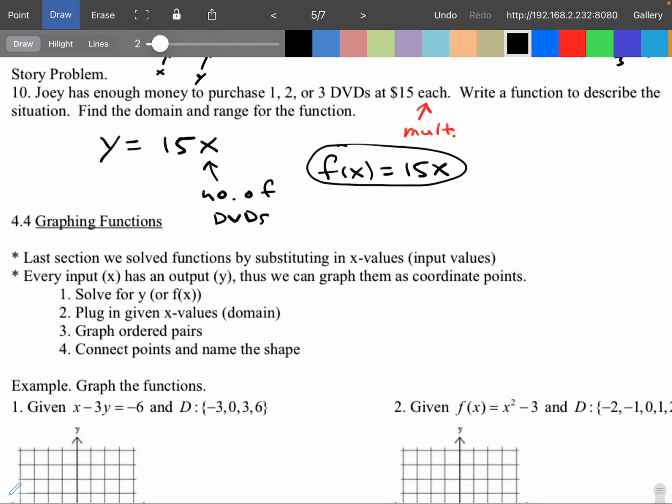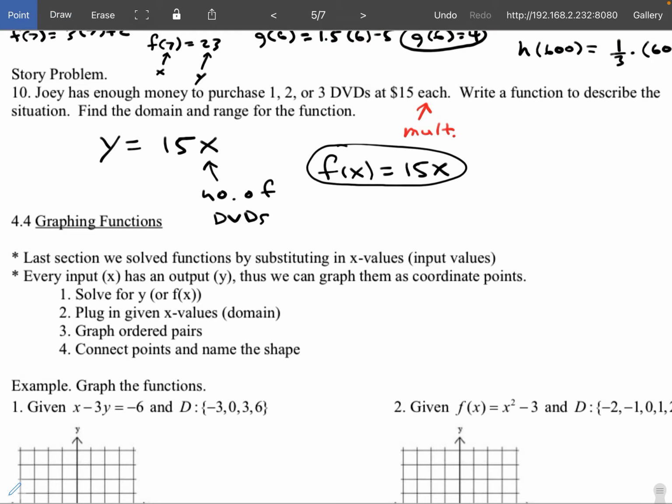All right, but of course they're going to want us to write it in function notation, so let me do that. You're going to write f of x equals 15x. So that's your function. They wanted you to write that down first, so you got that part.